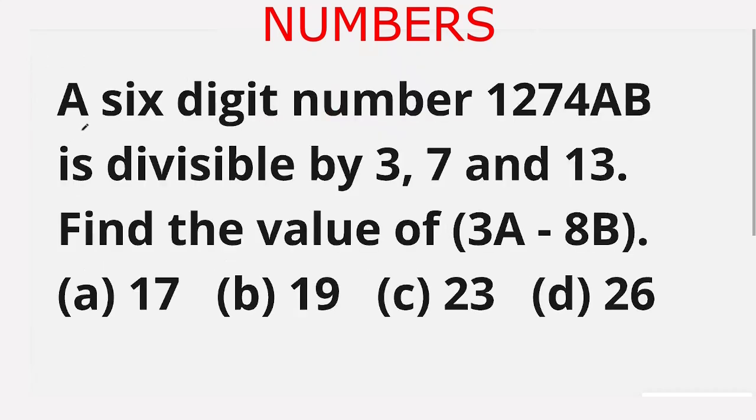The given question is a 6-digit number 1274AB is divisible by 3, 7 and 13. Find the value of 3A minus 8B. The given options are option A 17, option B 19, option C 23, option D 26.